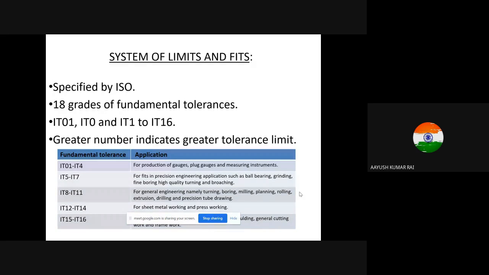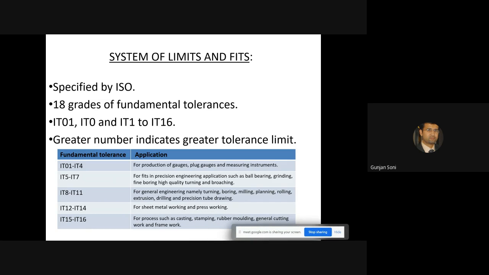Okay, sir. So system of limits and fits has been devised by the International Organization for Standardization. And they have devised 18 grades of fundamental tolerances.